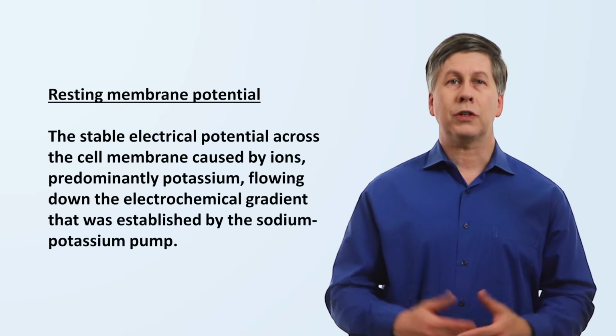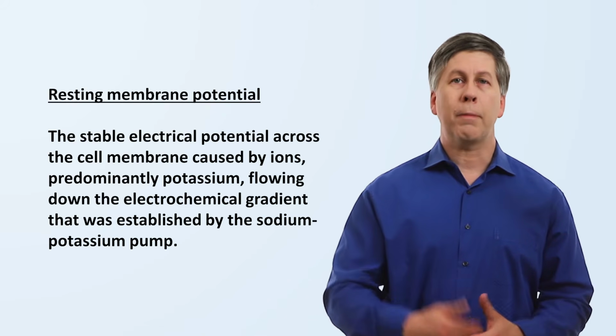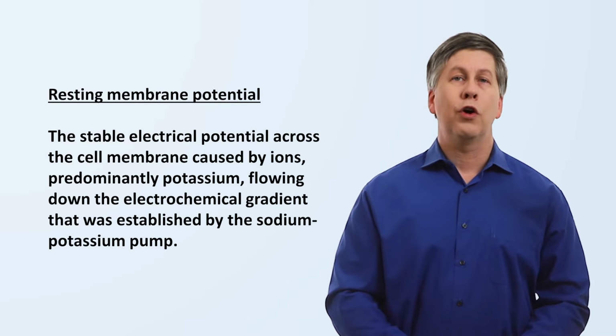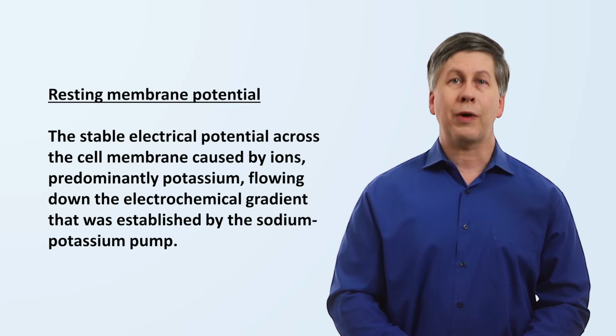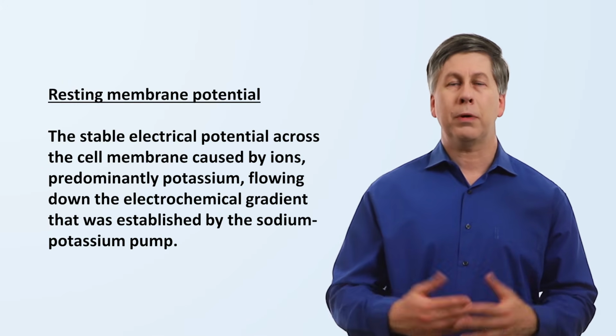Different cell types in different tissues and in different ionic environments will have slightly different resting membrane potentials, but they are always negative. In summary, the resting membrane potential is the stable electrical potential across the cell membrane caused by ions, predominantly potassium, flowing down the electrical chemical gradient that was established by the sodium-potassium pump.